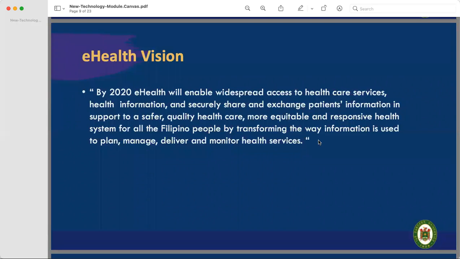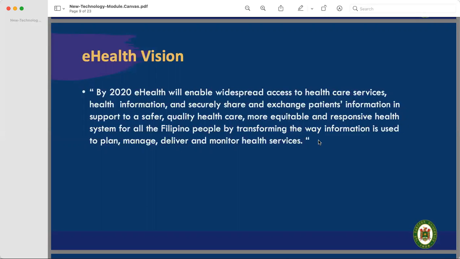So, what's the date now? It's already 2021, and 2021 is about to end. Actually, somehow the Philippines was able to realize this vision, since e-health in public hospitals is already integrated. Some hospitals can exchange patients' information, of course, under strict protocols to also protect the confidentiality of this information.